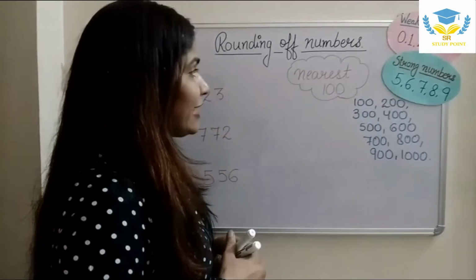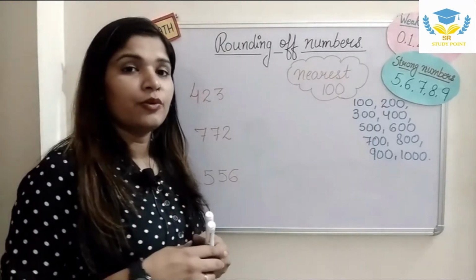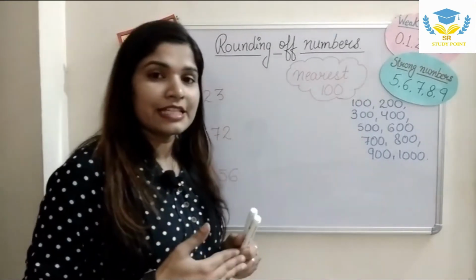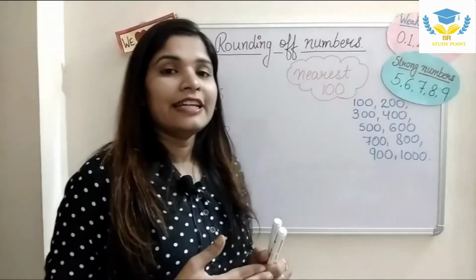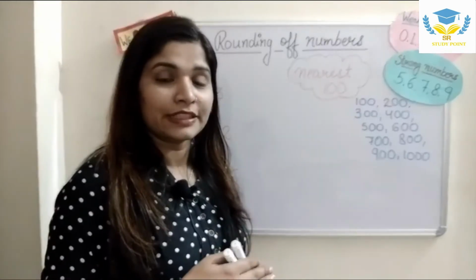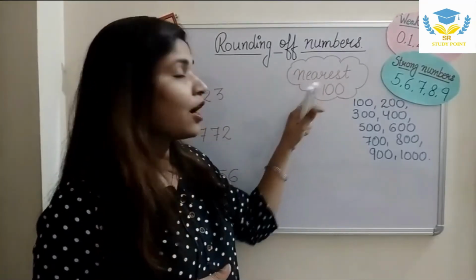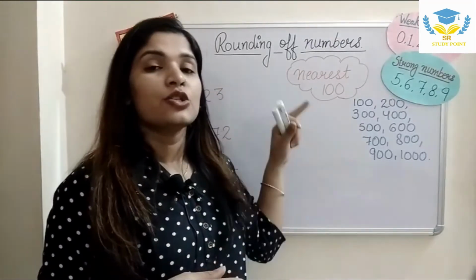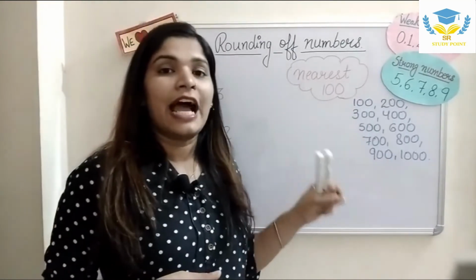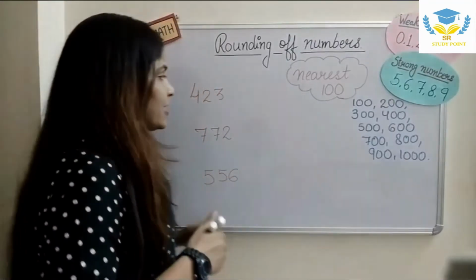So children, in the tens video, as we were doing the round off to the nearest 10, at that time we looked at the number which is at the tens place. So similarly, as we are rounding off to the nearest 100, here we are going to identify the number which is at the 100 place. So what is at the 100 place?